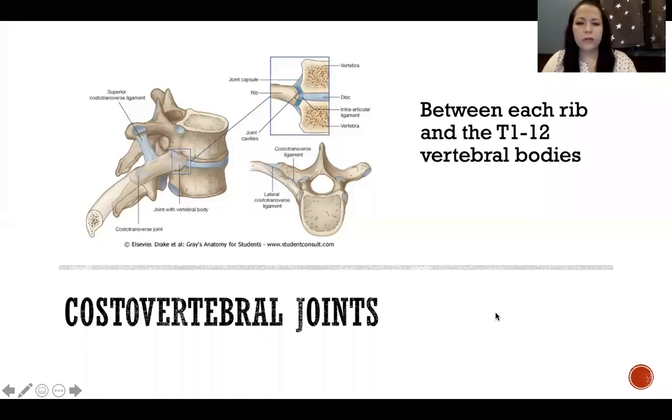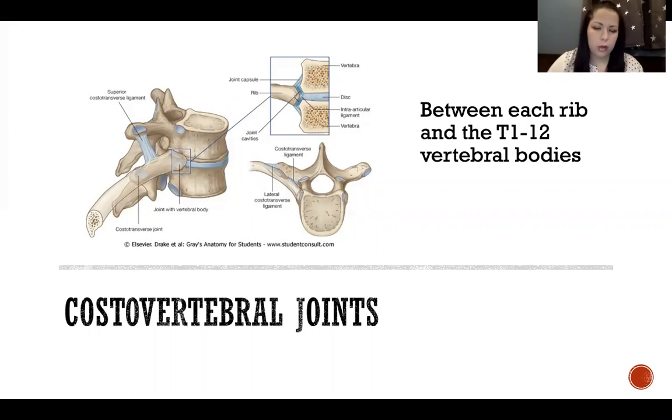The costovertebral joints are the articulations between each rib and the thoracic spine vertebral bodies. We can see in the picture here the rib that's articulating with the vertebral bodies. That is a costovertebral joint.